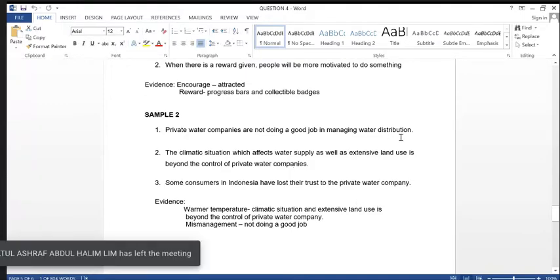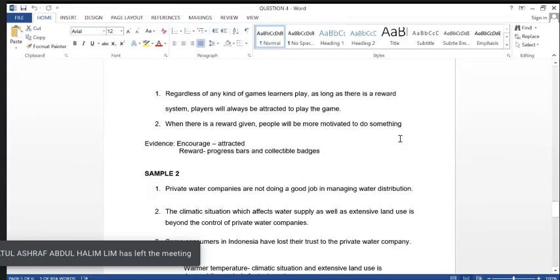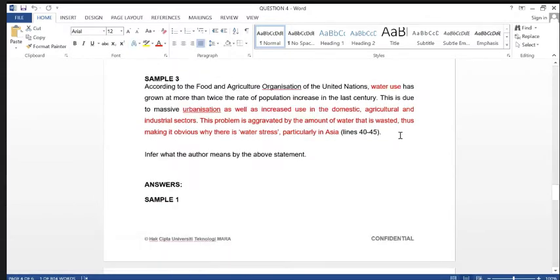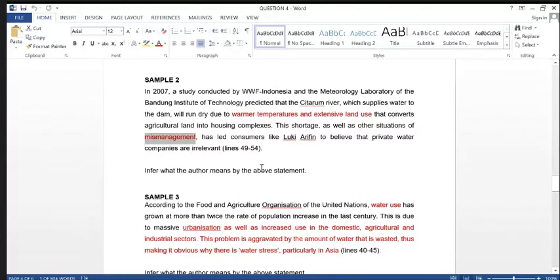That is my conclusion. Next, what I can infer about is the factors that lead to the problem of water supply. As I've mentioned, they have three just now, correct? Warmer temperature, extensive land use, and mismanagement.